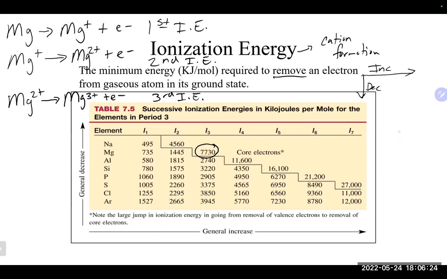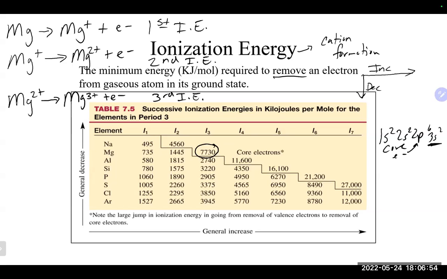And that is because when you look at the electron configuration for magnesium, 1s2, 2s2, 2p6, and 3s2, magnesium has 2 valence electrons, right? When you get to that third electron, you are now in the core electrons, which are super close to the nucleus to begin with, and now find themselves even closer by the loss of those electrons, right? As everything squeezes in tighter, and it just doesn't happen in that case.